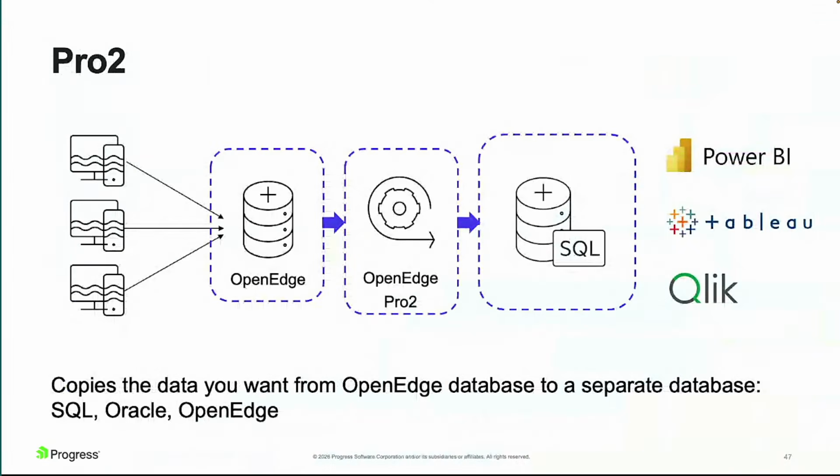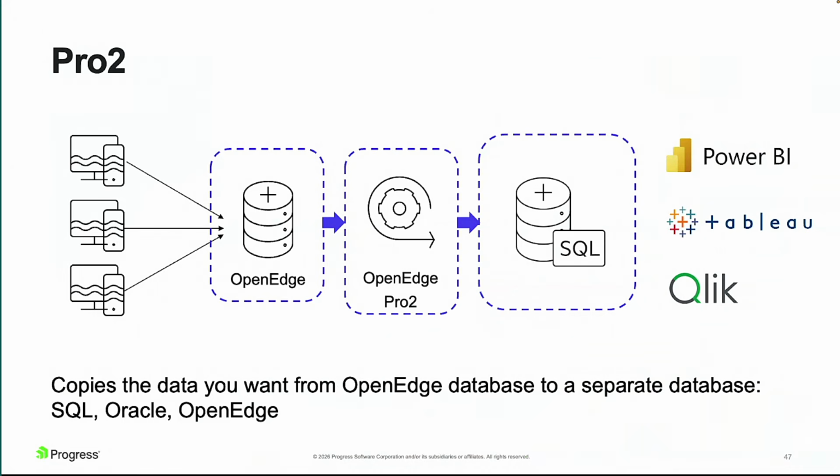Okay, so Pro2Pro, or Pro2SQL, or Pro2Oracle. We'll just talk about the ones that go into a SQL type database. You have your OpenEdge database. We usually set up CDC on it, so anytime there are changes, the Pro2 notices it. What it does is it takes that information and modifies that record so that it fits in a SQL database, because they're not all necessarily one-to-one.